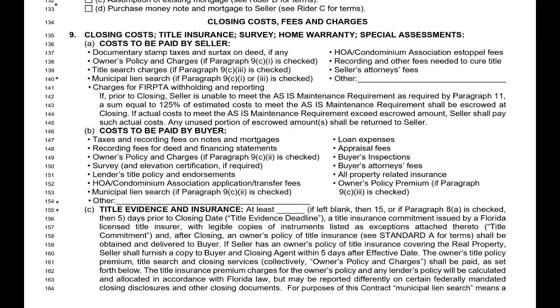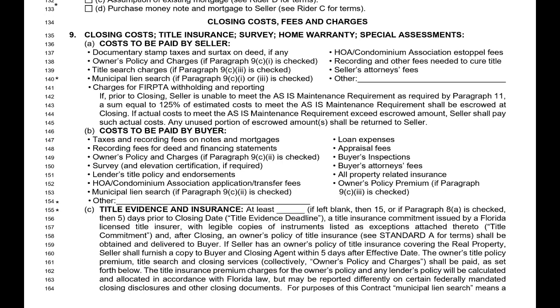Closing costs. Closing costs listed here are the customary closing costs paid by the seller and paid by the buyer. In Florida, it's customary for the seller to pay the owner's title policy. If there is a loan involved in the process, there are always two title policies: the lender's title policy and the owner's title policy.